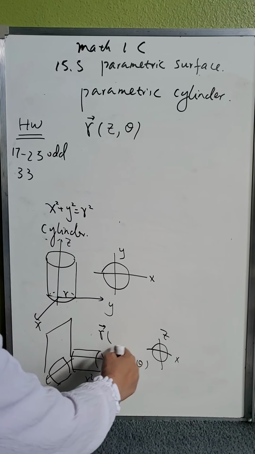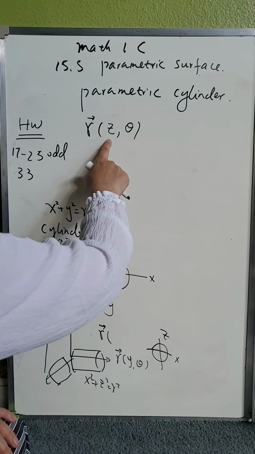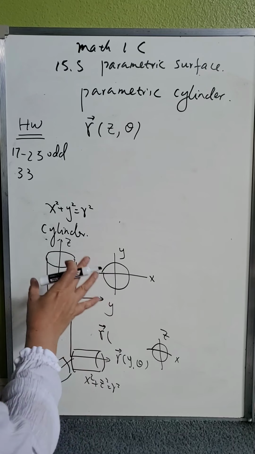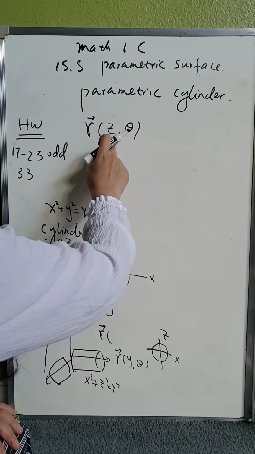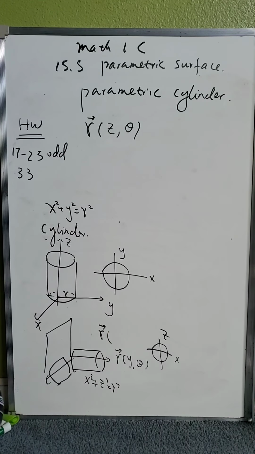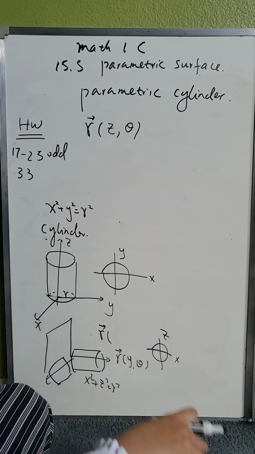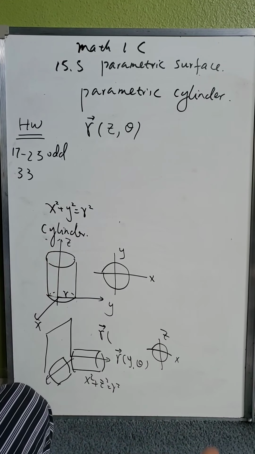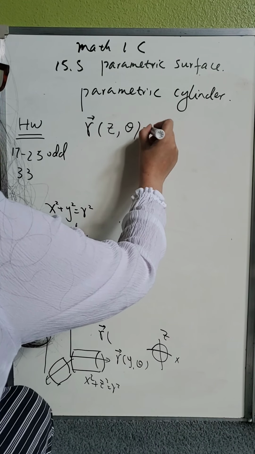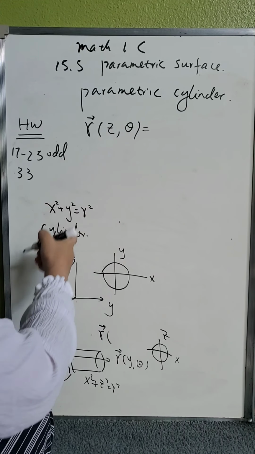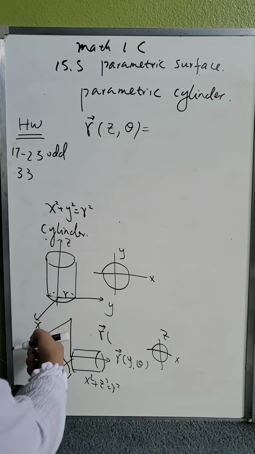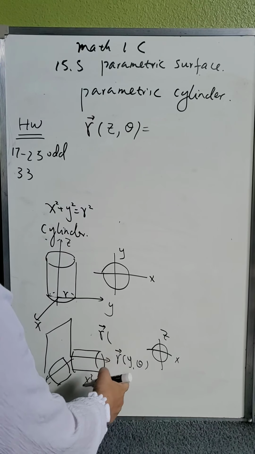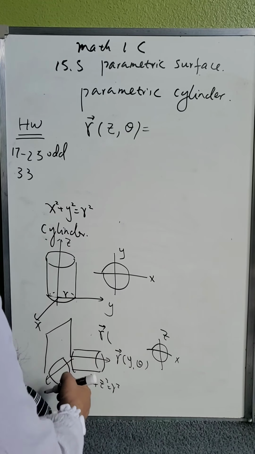Then your x can go as long as you want, and you put x here. You guys follow me here? So make sure you do not always say this has to be z all the time. It depends on how your cylinder was placed, although 99% of the time you see it like that. I just picked this one because it appears all the time, but it can be either of these two.